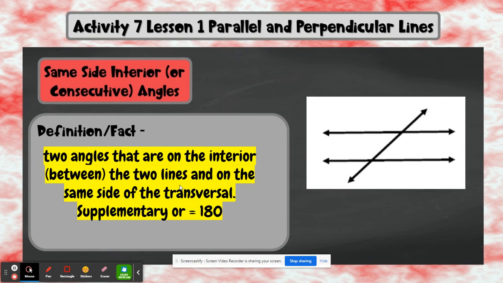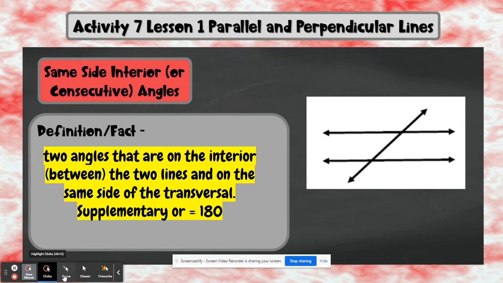So same side interior angles are two angles that are on the interior, or between the two lines. So they're going to be between the parallel lines, and they're on the same side of the transversal. So they're always going to be on the inside.